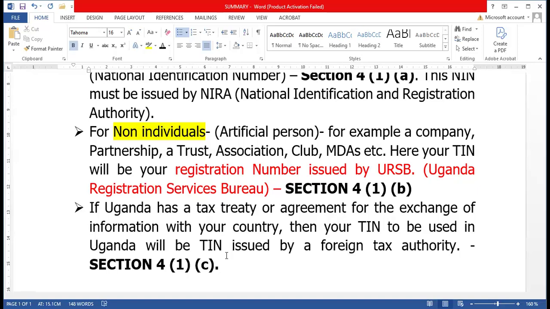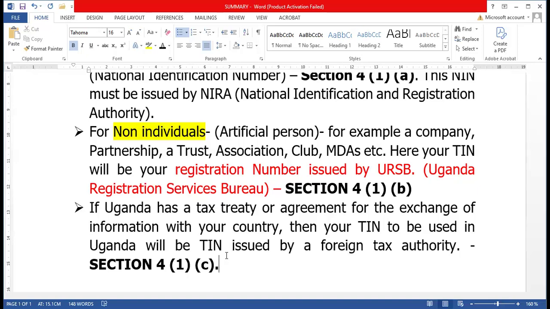Okay? But in a scenario where you are a foreigner and you are in a country where Uganda does not have a tax treaty or an agreement for the exchange of information, then you will be required to get a TIN purposely for transactions that require a TIN in Uganda.